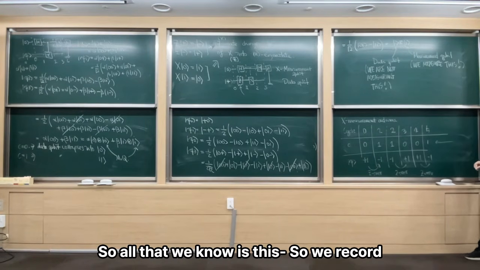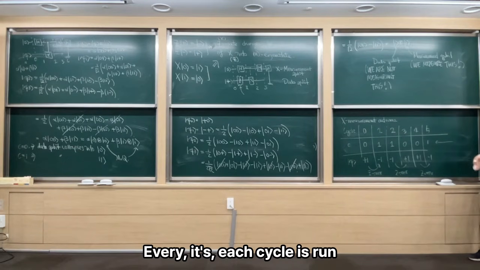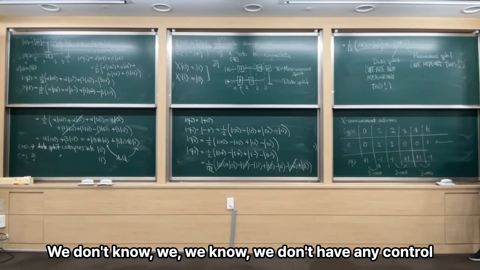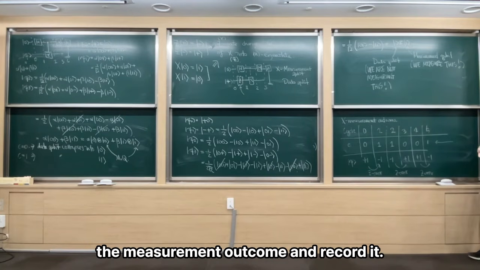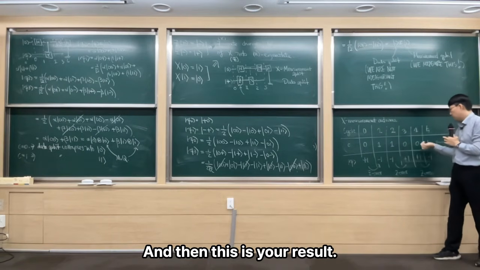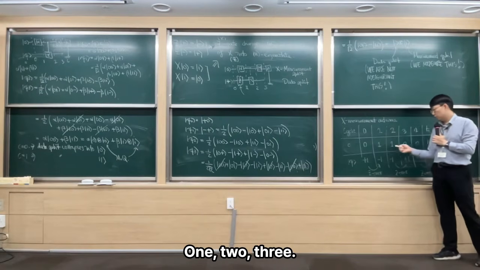So all that we know is this. We record the measurement outcome as a bit. Each cycle is run by a pre-designed quantum circuit. We don't have any control of changing the circuit, we're just taking the measurement outcome and recording it. And then this is your result. Then how many times did it change the bits? 1, 2, 3.